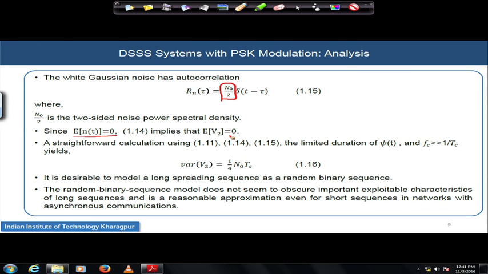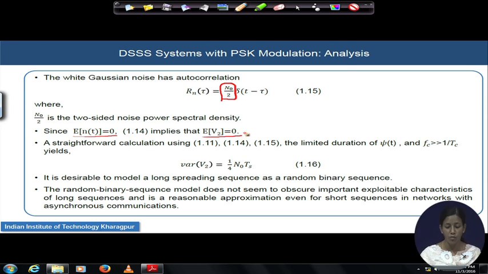So, we see that the expected value of V 2 is equal to 0, and with a straightforward calculation we will end up computing the variance of this. How?